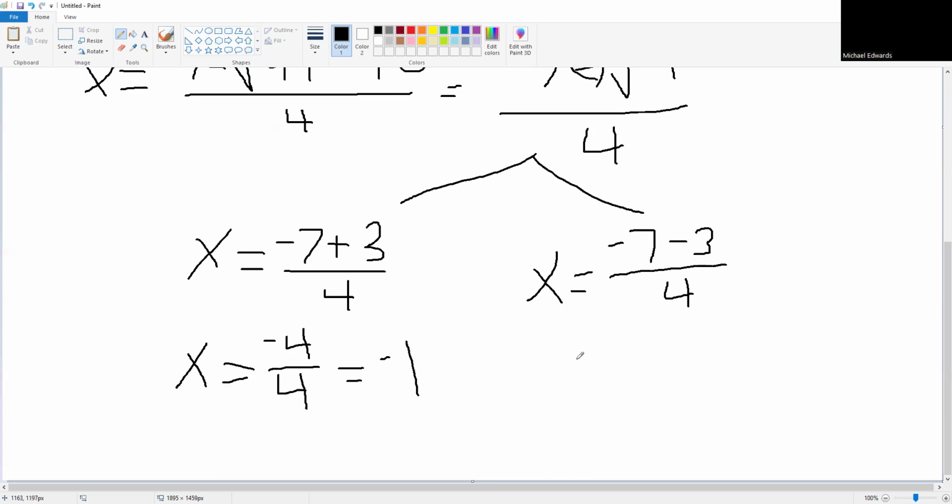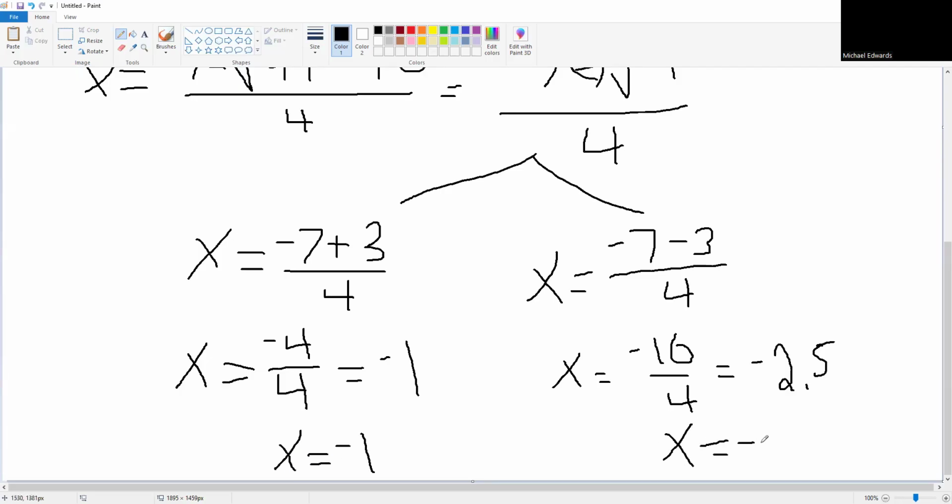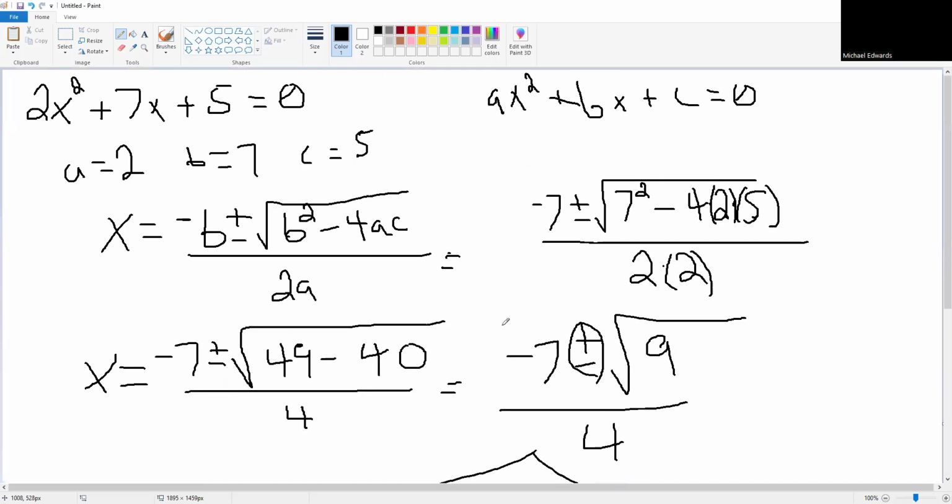So I believe you would be x equals -10 over 4. We can simplify that to be -2.5. All right. These are answers. So x equals -1 and x equals -2.5. That's our answers. We use the quadratic formula.